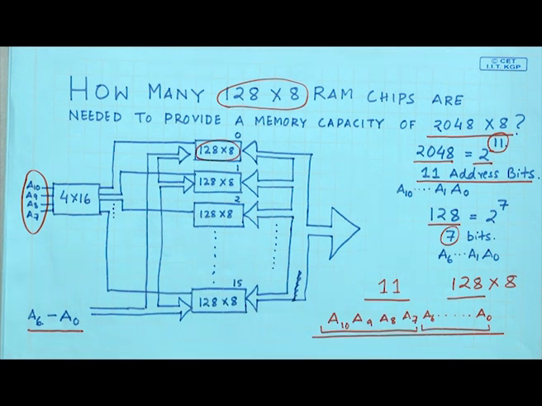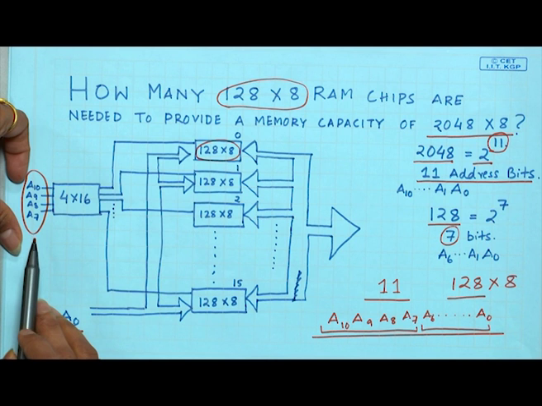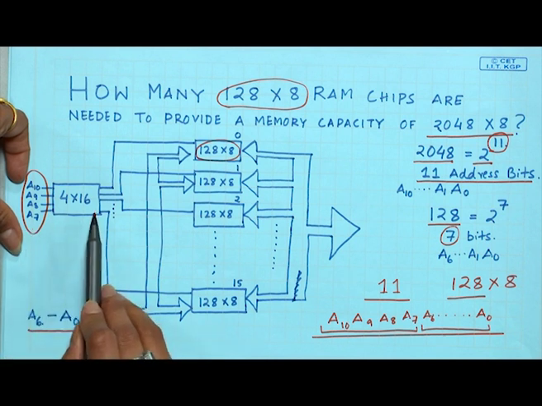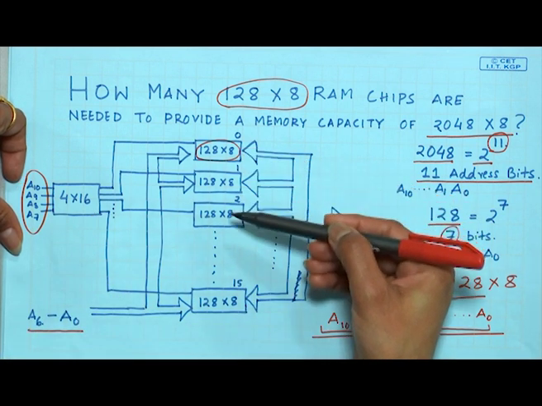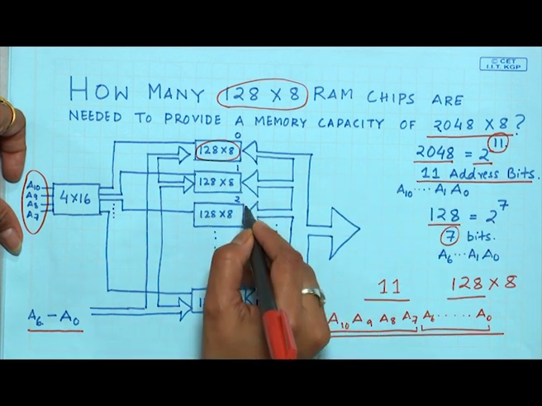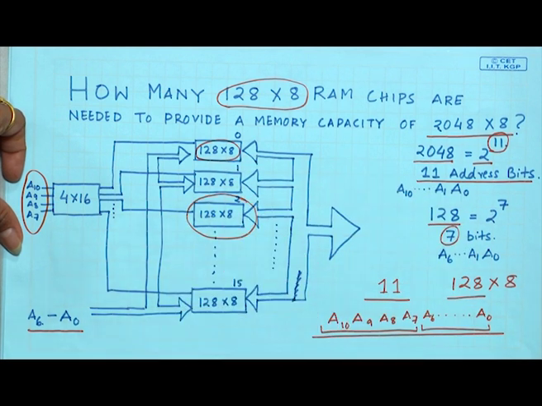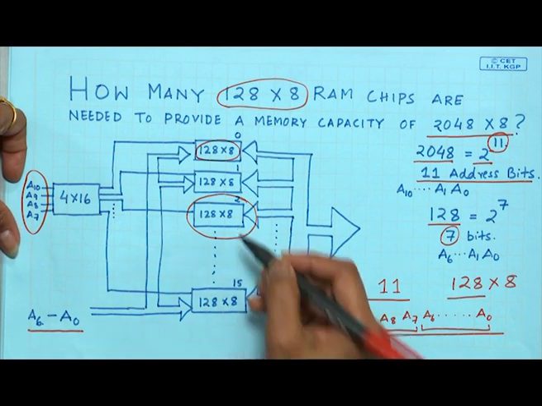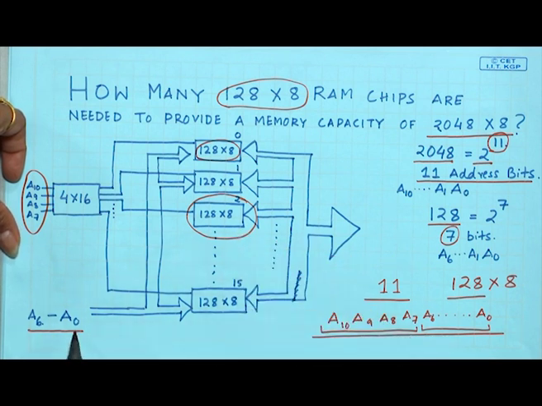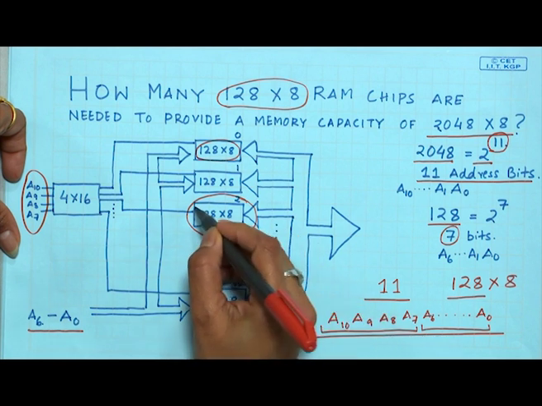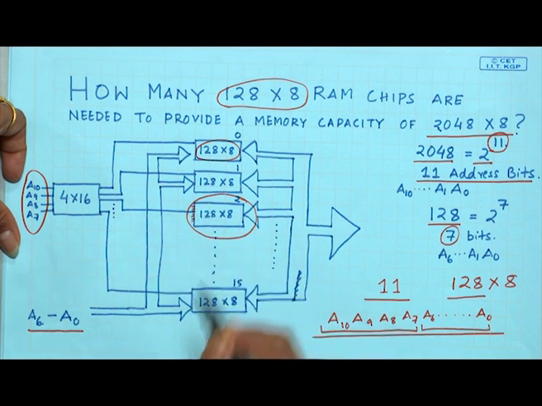When we apply the address, we first apply the high order 4 bits of the 11-bit address to the decoder. It will decode and select any one of the chips. Let us say this particular chip is getting selected. Once this chip is selected, we have to select one location, one particular row, from this chip, and that will be A0 to A6.